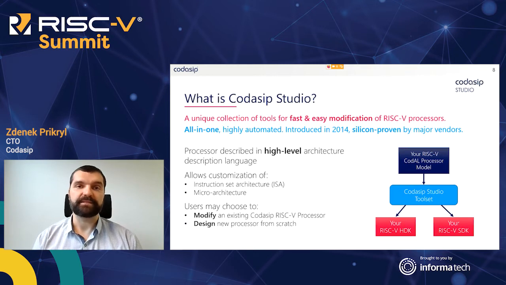This is a C-based language, and basically you capture not only the architecture, so the ISA, but you can also capture the microarchitecture. So you can capture the pipeline, the units in the pipeline. So that's the input to the studio. Then you click on the button and you get the whole set of deliveries that I was just describing a while ago. So you can get the compiler, a debugger, simulators, virtual prototypes, RTL.